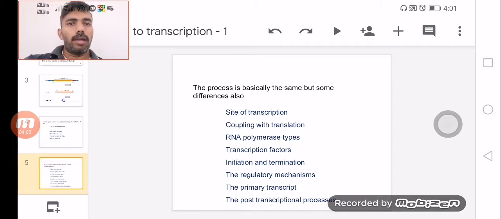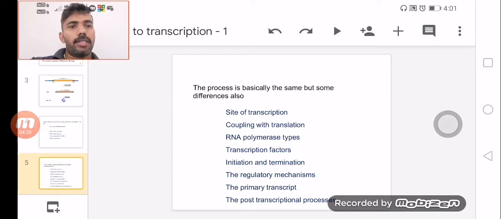But in a eukaryotic organism, there is a clear nucleus, and hence the chromosomes are also located inside. So the transcription occurs inside the nuclear plasm, and after that the mature RNA molecule will be transported into the cytoplasm for further processing.